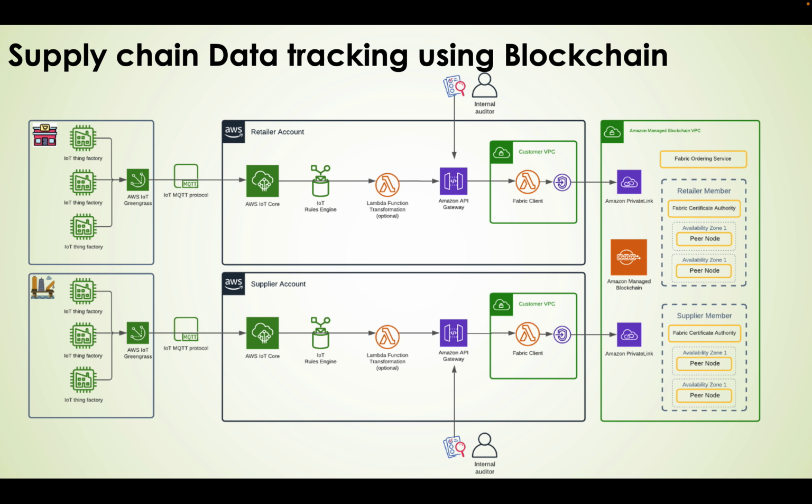So in this entire supply chain, if the retail member has joined that blockchain network with the supplier member and manufacturer, then you can create a tamper-proof trail of the record, which can provide the authenticity that this is the original product.